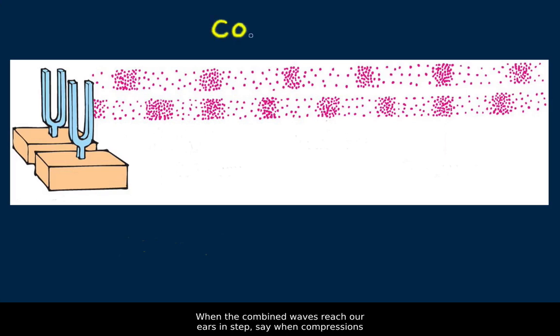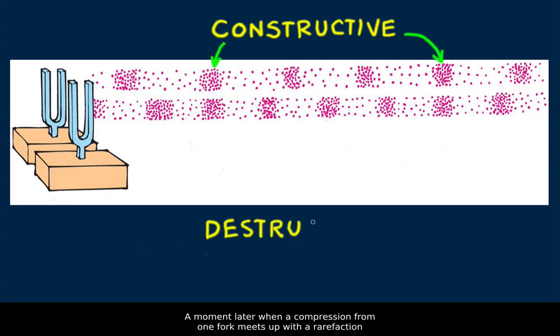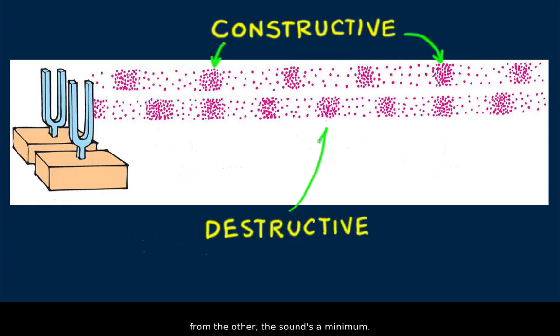When the combined waves reach our ears in step, say when compressions from one fork overlap those of the other, the sound is maximum. A moment later, when a compression from one fork meets up with a rarefaction from the other, the sound's a minimum. Hence, the sound that reaches our ears throbs between maximum and minimum loudness, and we have beats.